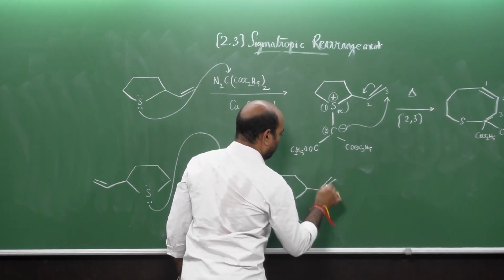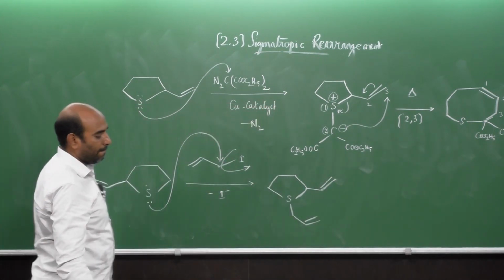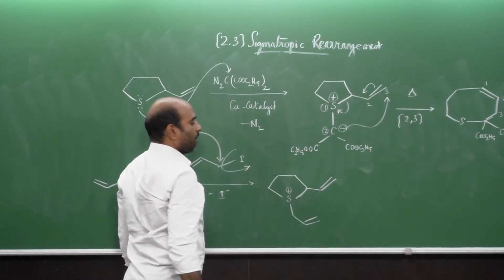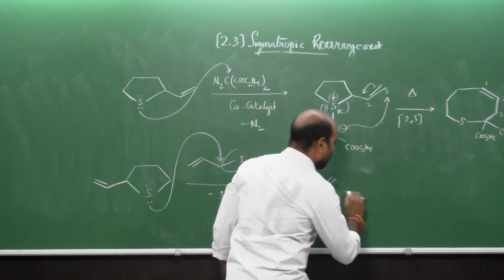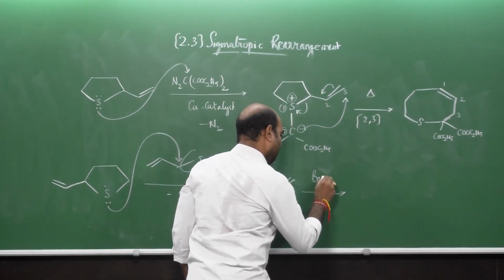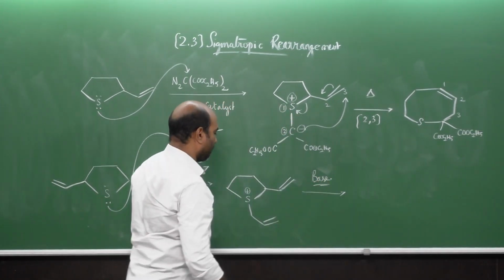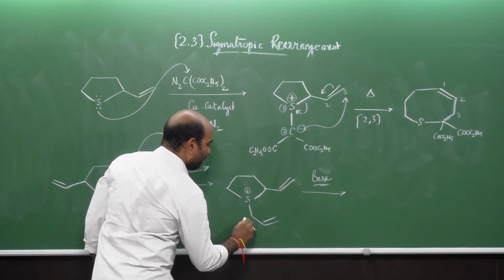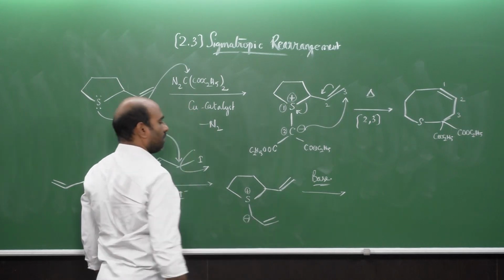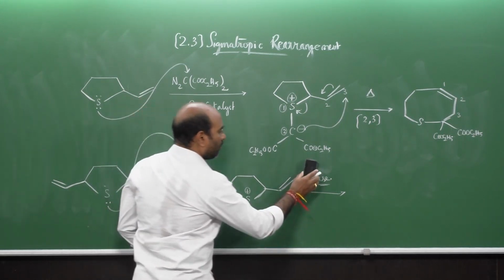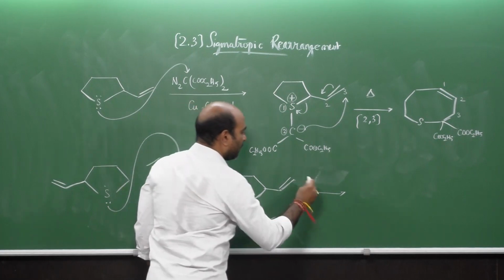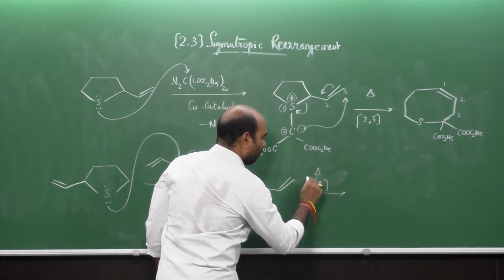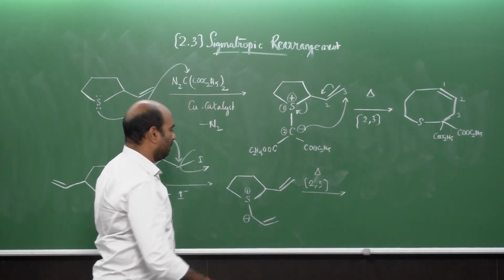Any side we can have it, right? Now, sulfur has got the positive charge. This, upon treating with a base, will abstract a proton and then generate a minus charge, right? So once it is there, now it is capable of undergoing 2,3 sigmatropic rearrangement.